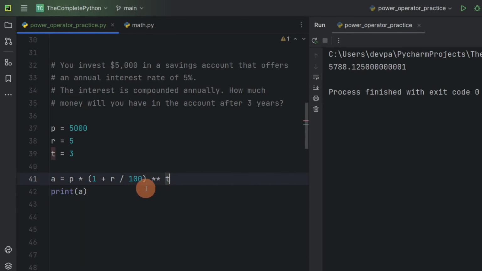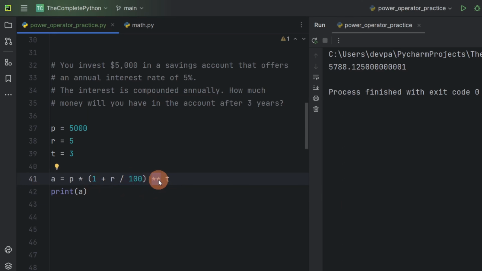Let's understand how this operation will be evaluated. Here we have used assignment, multiplication operator, addition, division and power operator. Among this, parenthesis has higher precedence. So Python will first solve the expression that is inside the parenthesis. Now first this will be performed.